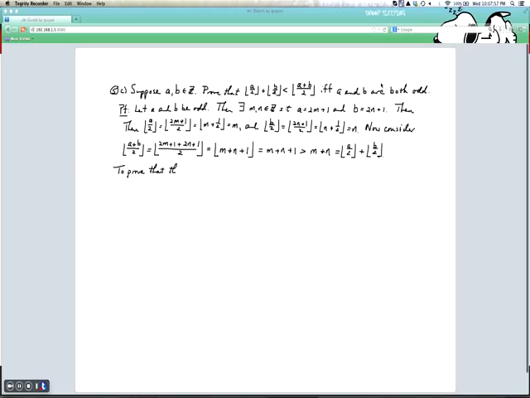So I'll say that to prove that the inequality implies that A and B are both odd, consider the contrapositive and suppose A and B are not both odd.